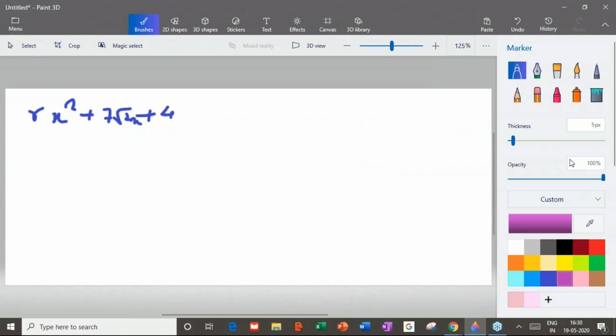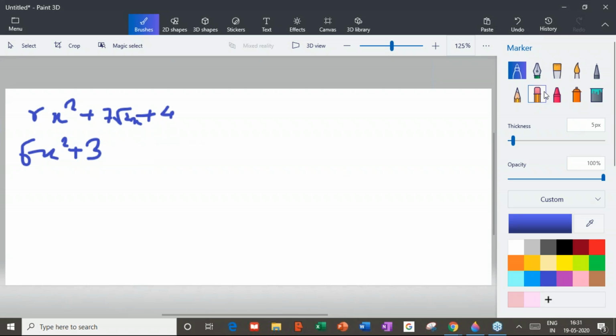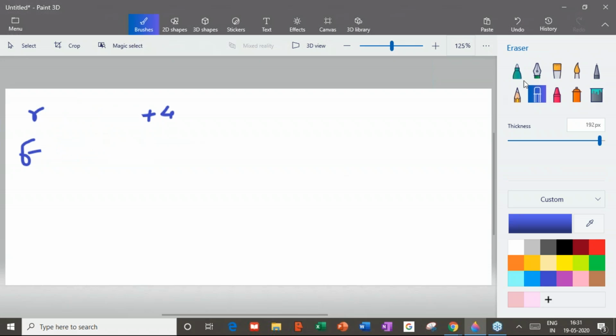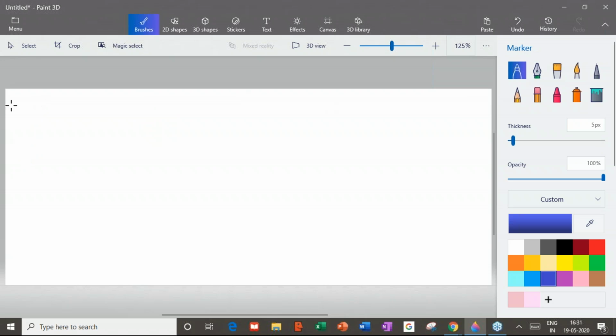This will be 6x squared plus 3. Yes, okay, 4 will come first. Okay, 6x squared plus 7 root 2x plus 4.